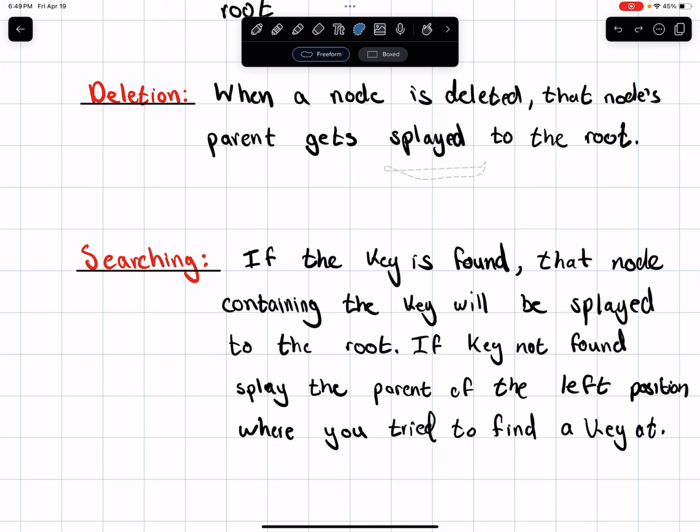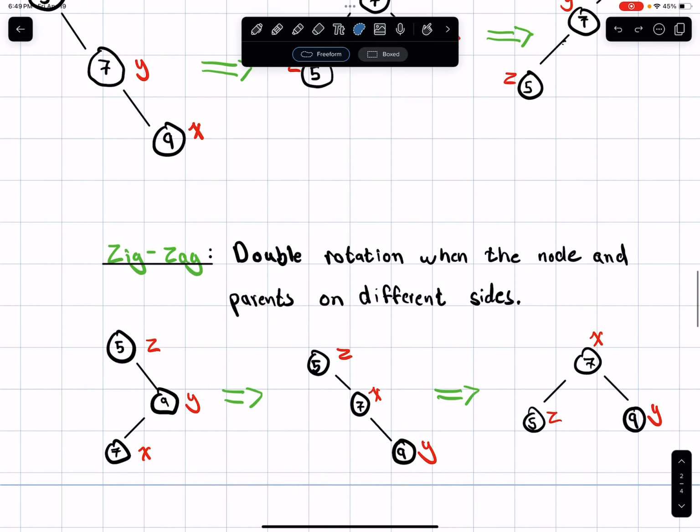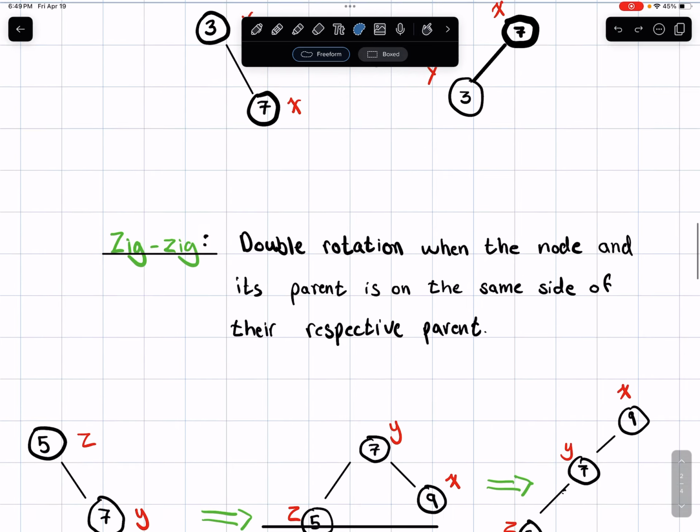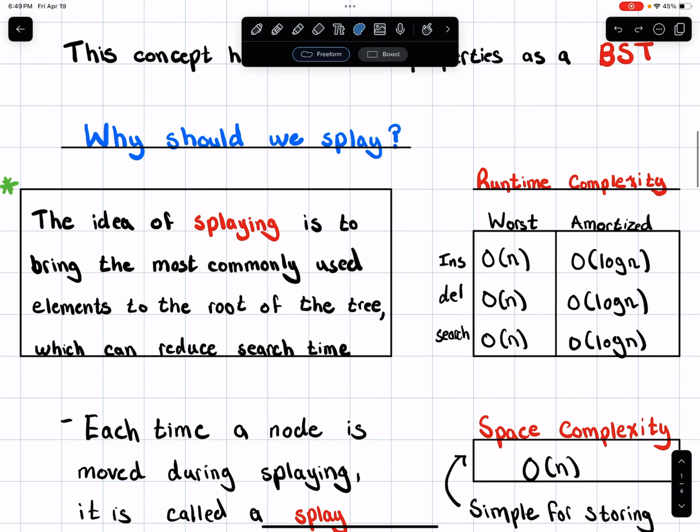Now, more detail about the amortized complexity we talked about. While each operation can potentially, in a worst case scenario, take O(n) time, the amortized complexity becomes O(log n) for a series of operations, thanks to the self-adjusting nature of the splay tree.